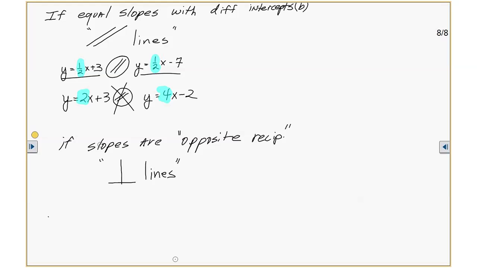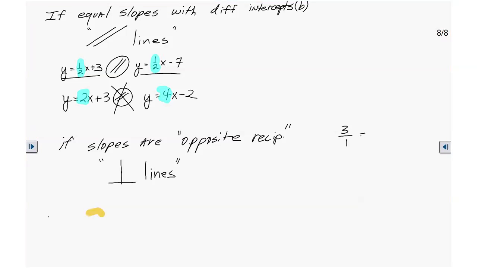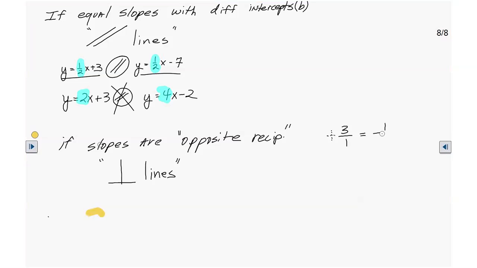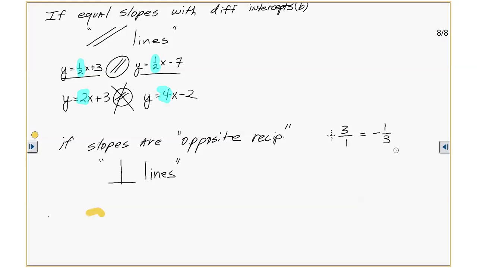Now, what is the opposite reciprocal? Let's go over reciprocals. If I give you 3 over 1, what's the opposite reciprocal? Well, this one is positive because there's nothing there. So what's the opposite of 3 over 1? Negative 1/3. The reciprocal is 1/3. The opposite of positive is what? Negative.